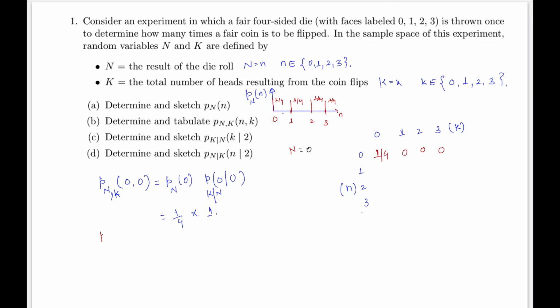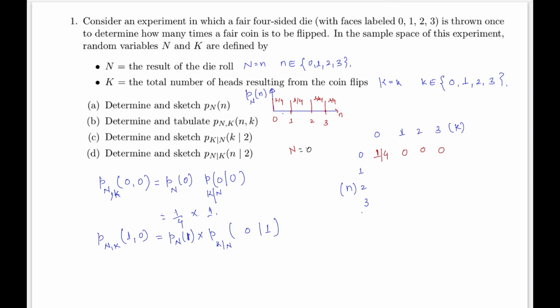So we are talking about the joint probabilities where n takes the value 1 and k takes the value 0. We are talking about this conditional PMF of this random variable k under the event that n has taken the value 1. What's the probability that k will take the value 0, right?